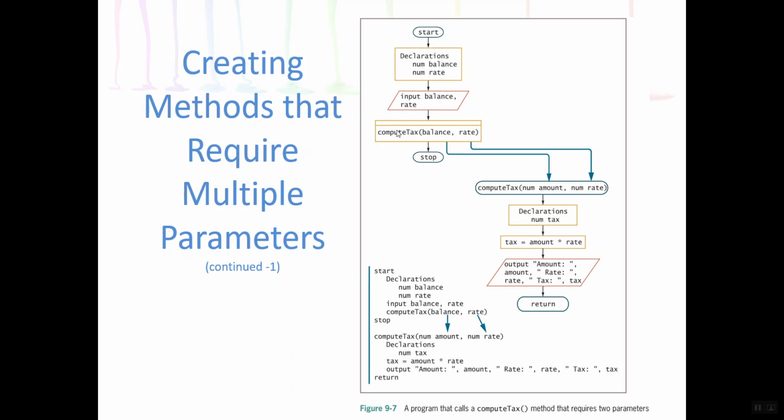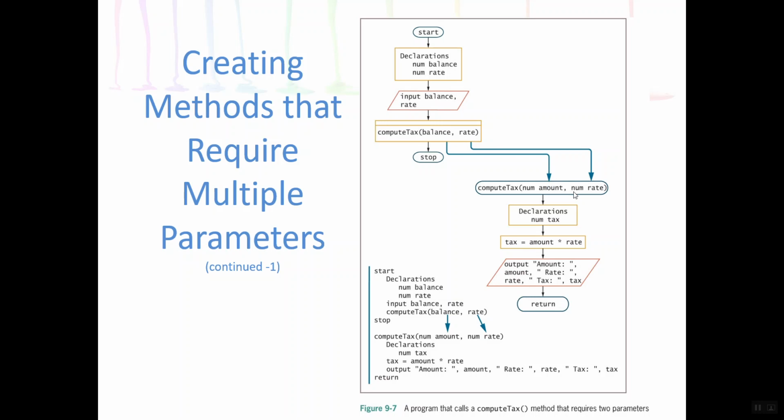Now for this to work correctly, on the defining side of computeTax, we must have a method where the parameter list matches up to the argument list. So the argument list is two numbers.